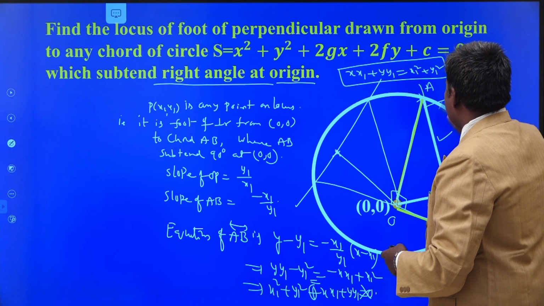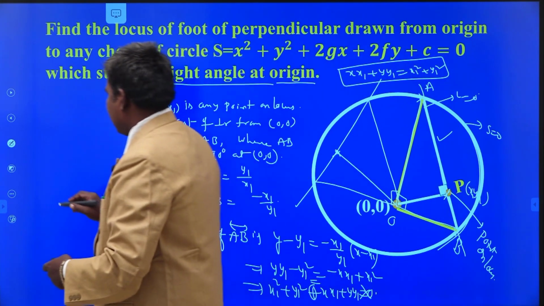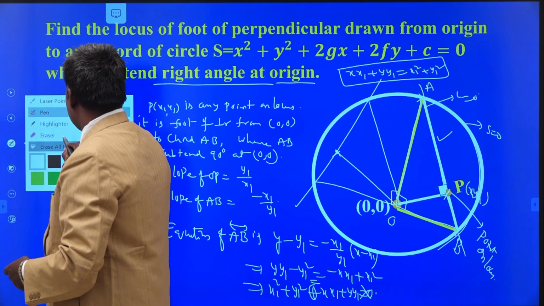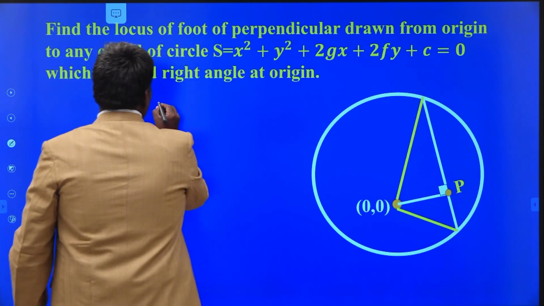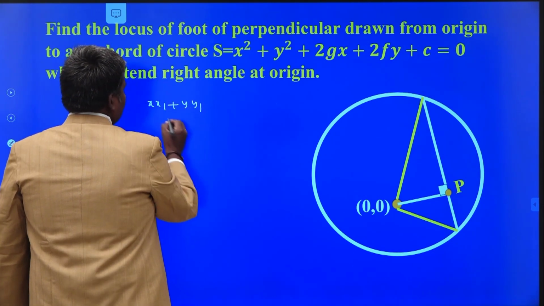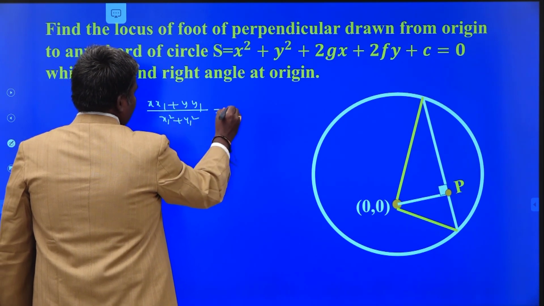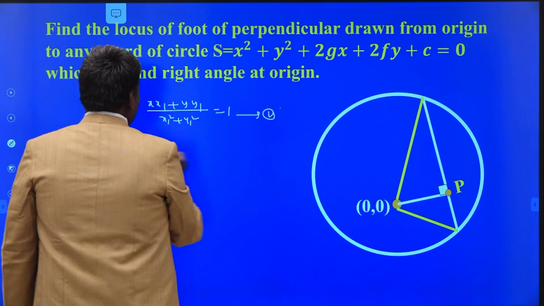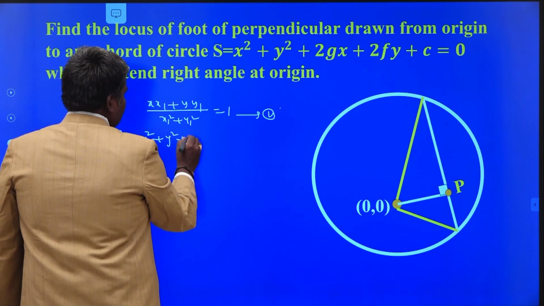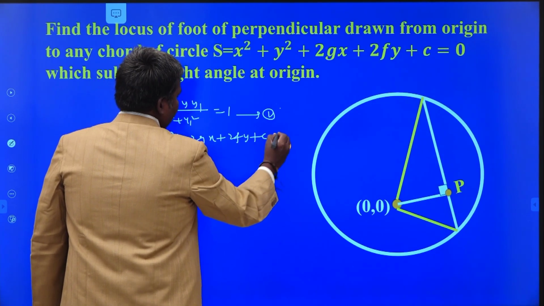Remember, this equation is xx1 plus yy1 is equal to x1 square plus y1 square. So what is my chord equation? xx1 plus yy1 is equal to x1 square plus y1 square. I am taking x1 square plus y1 square equal to 1 here. This is my chord. Circle S is x square plus y square plus 2gx plus 2fy plus c equal to 0.